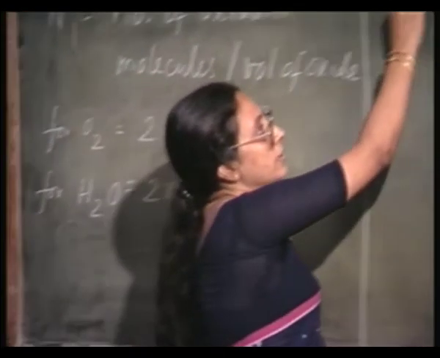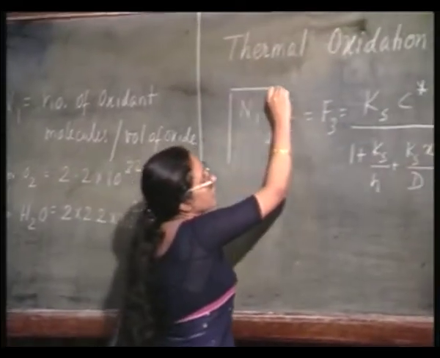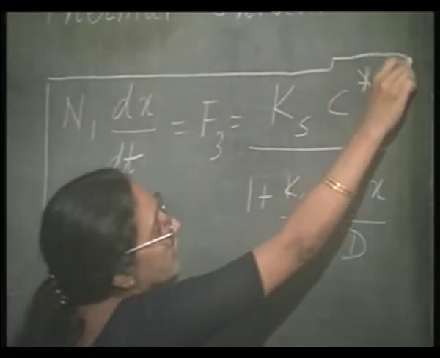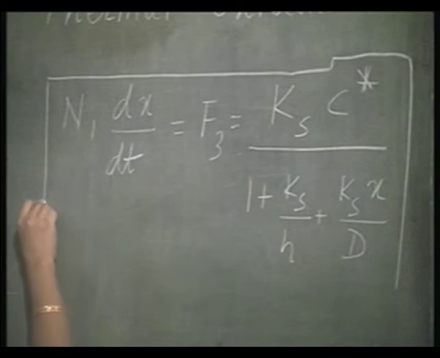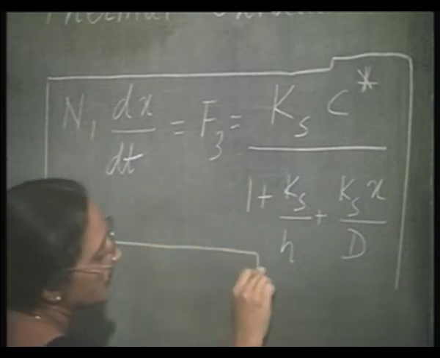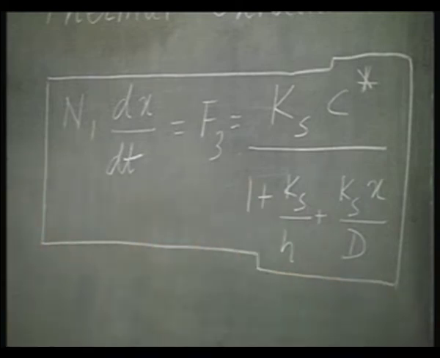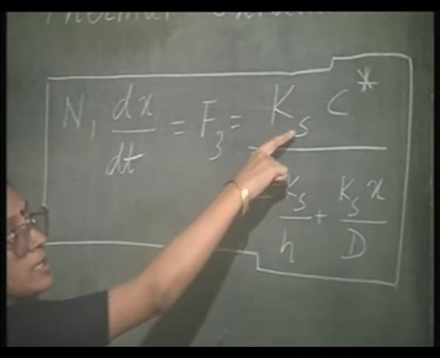So, remember, this is my most important expression I have obtained. This is actually Ks times Ci.